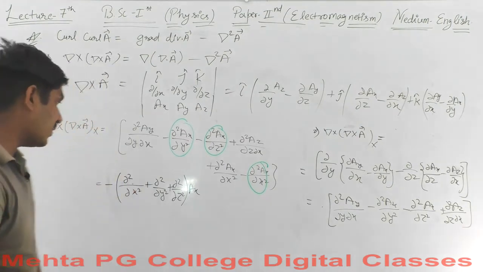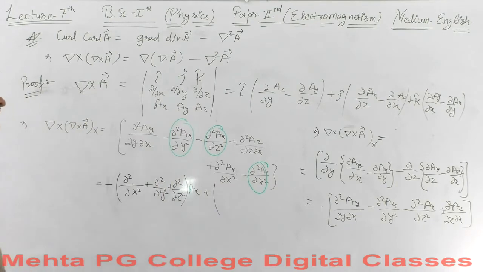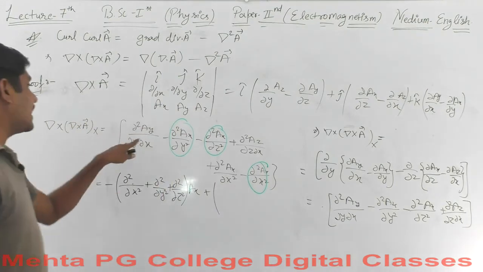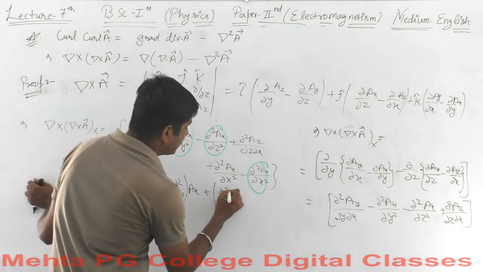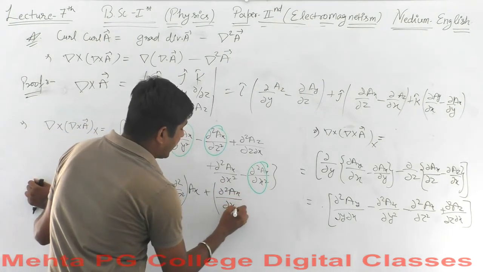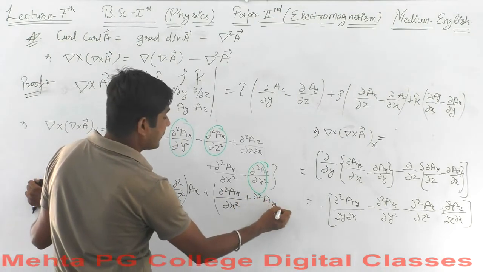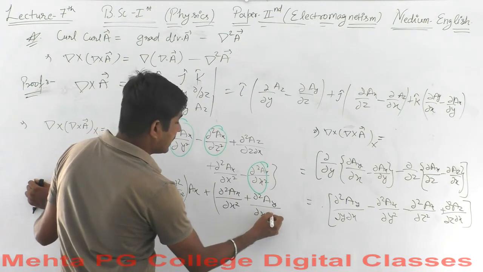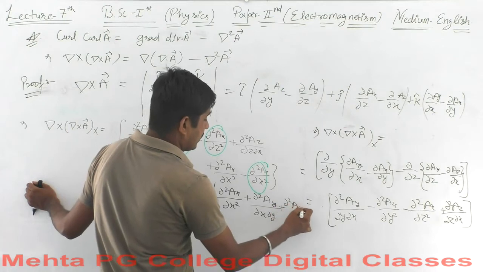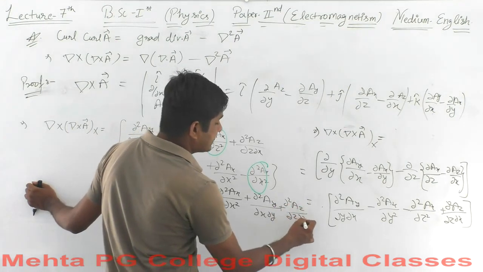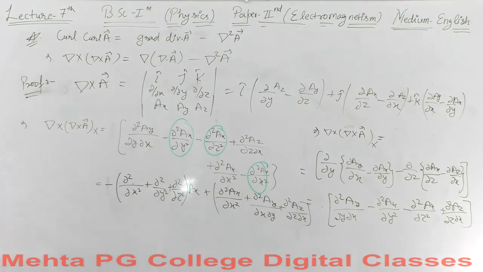So this is what we will have, okay. And the remaining is ∂²Ax/∂x² plus ∂²Ay/∂x∂y plus ∂²Az/∂z∂x. So this is what remains.